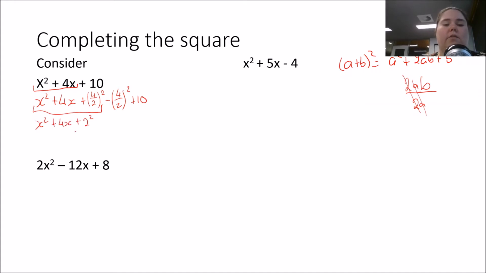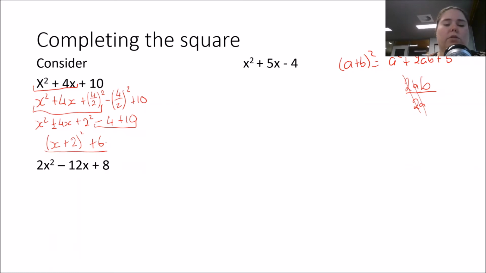I'm going to leave him as a squared thing because that makes him easier to factorize, because I just know it's the first thing and the last thing with that sign squared. But the last guy, I'm going to actually expand him out fully. So 4 on 2 is 2, 2 squared is 4, then add 10. And so now I just simplify that last bit there. So negative 4 plus 10 is plus 6. And that's my square completed.